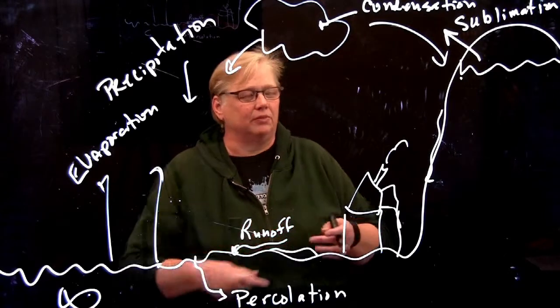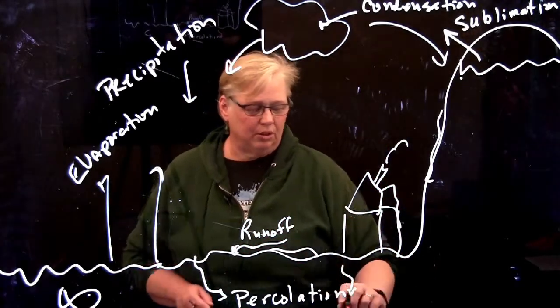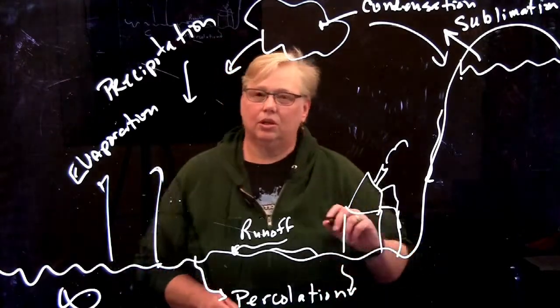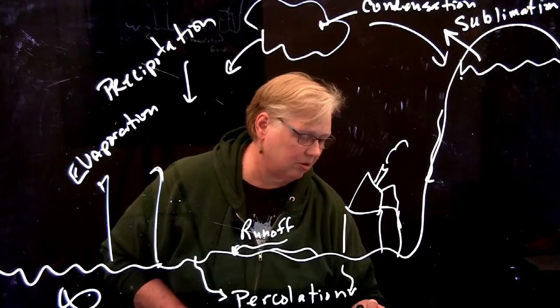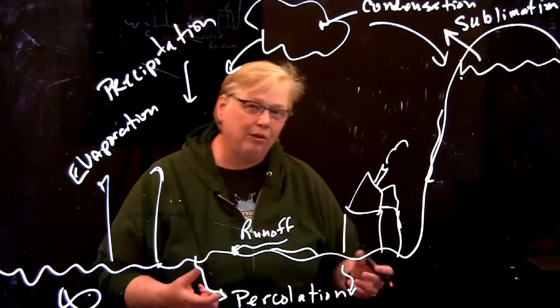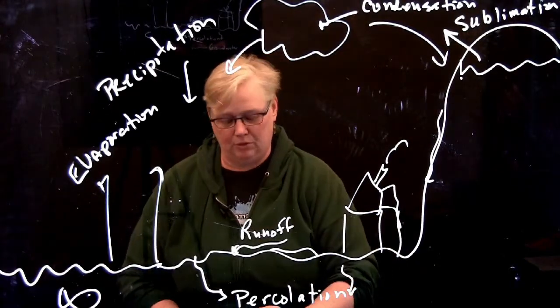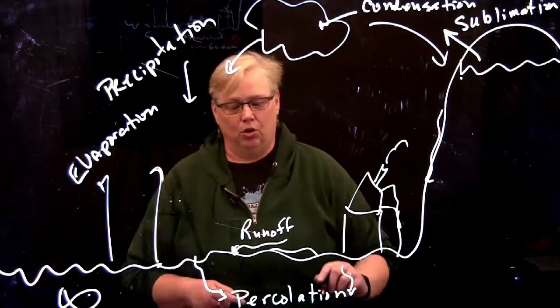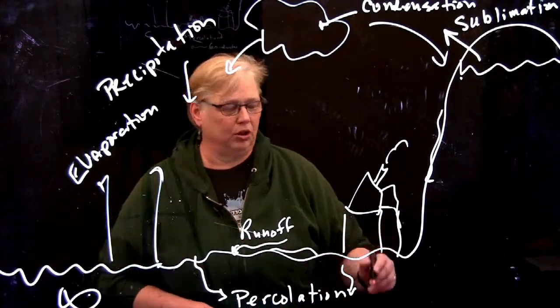Yeah, sublimation. When it percolates down into the soil, it becomes groundwater. And groundwater will stay down here for a long time, slowly moving toward the ocean or slowly moving toward a bigger body of water. That body of water will go to the ocean.